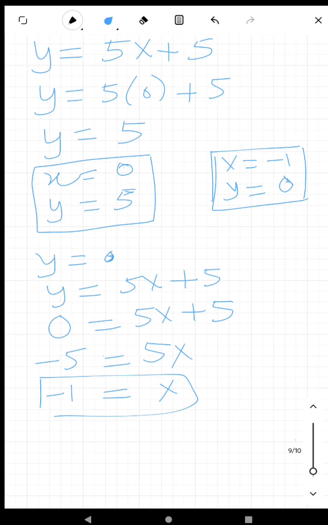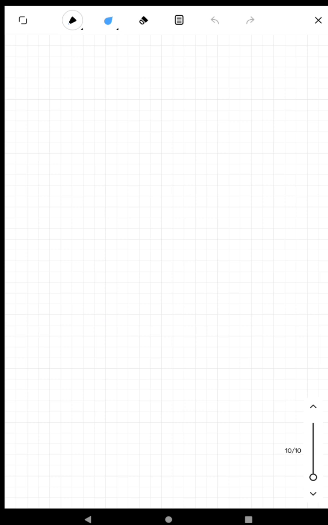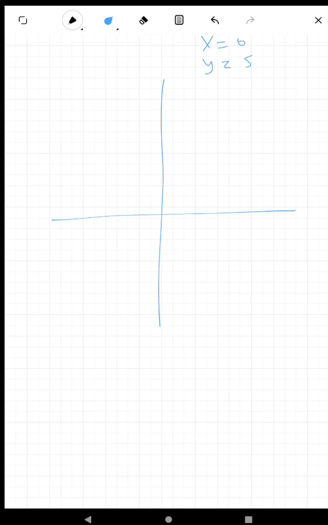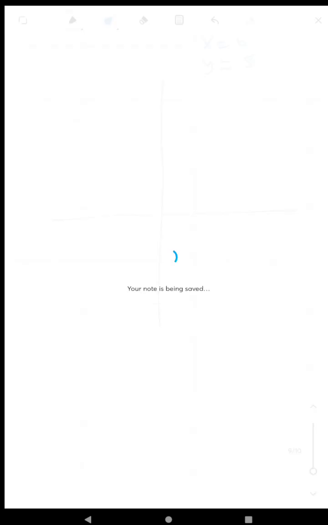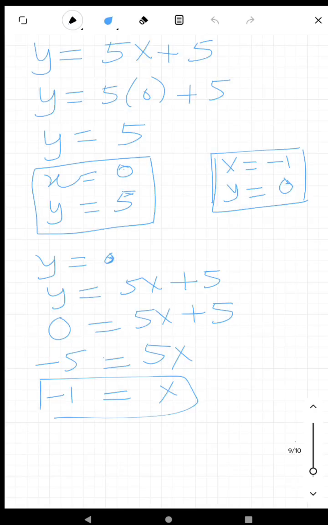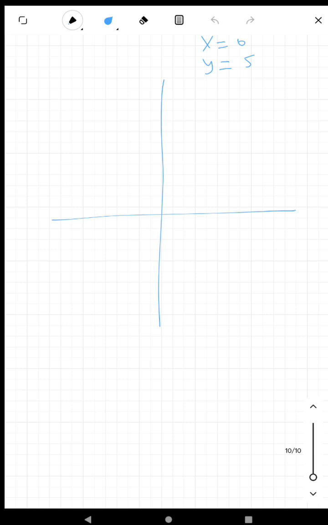x is equal to 0 and y is 5. And then the other coordinates we have: x is equal to minus 1 when y is 0. So these are the 2 points.